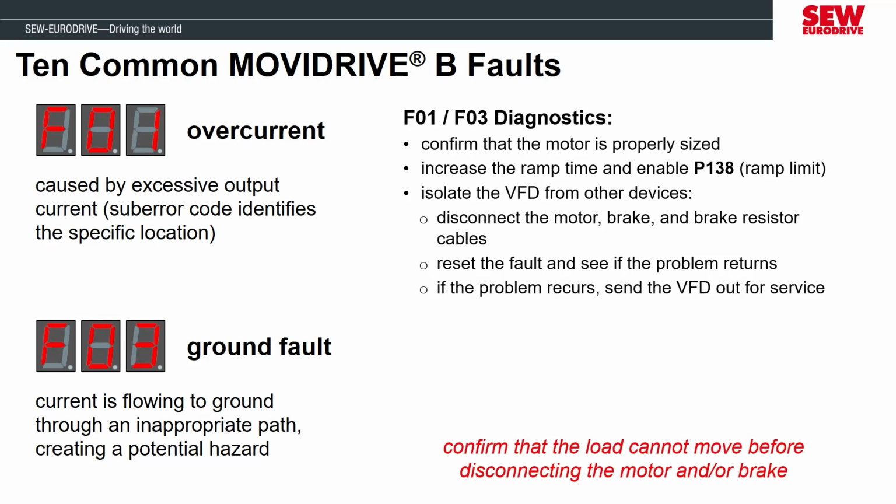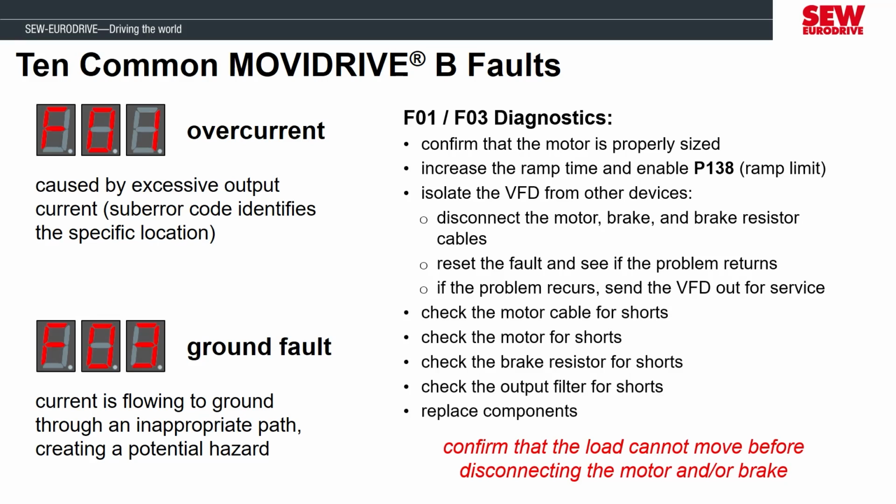When disconnecting power cables, you should check for the absence of voltage and make sure the machine is mechanically locked from moving, because it's possible for the application to fall or release stored energy if it's not able to create motor torque because the power cables are disconnected.